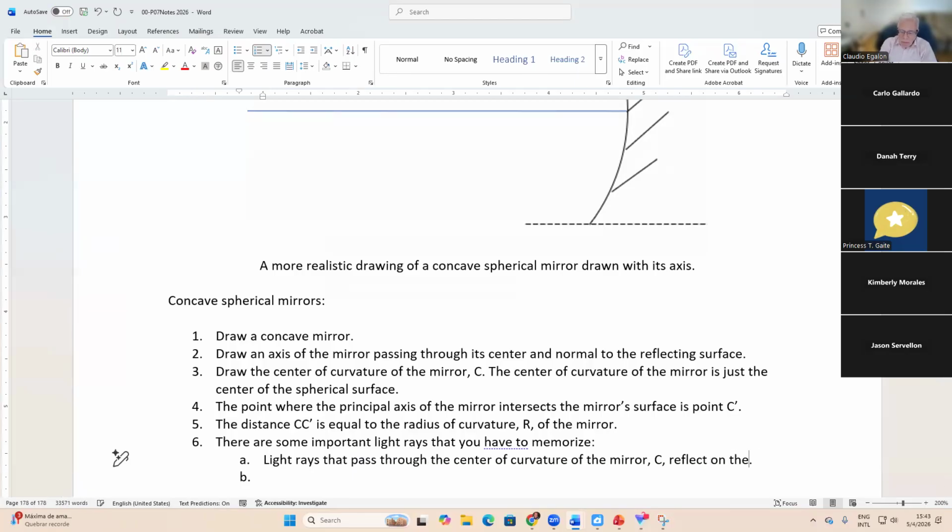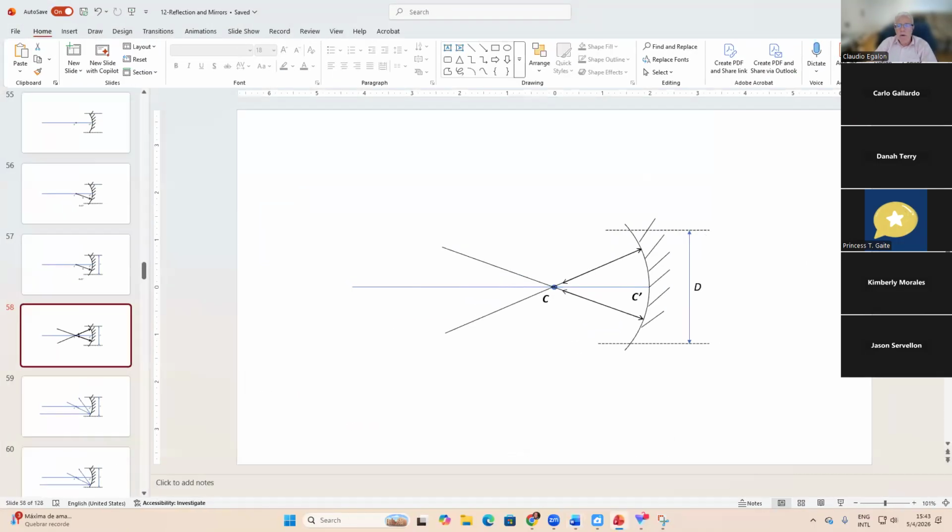Reflect on themselves like that. And here's the illustration.